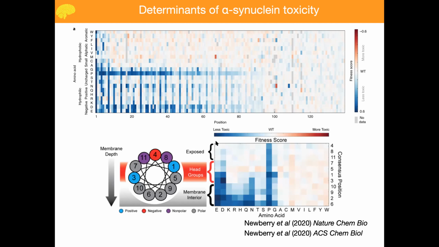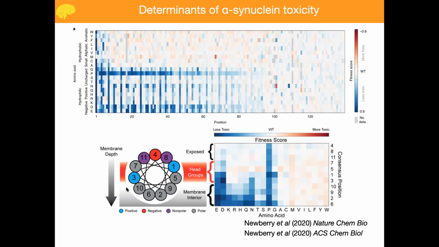And if we then map this to this model of the amphipathic alpha helix, you can see that this starts to make a lot of sense, because based on the periodicity, those residues that were very disruptive to toxicity were mutations to hydrophilic residues that would map to one side of the helix, and that would be then the membrane-facing side of the helix, versus disruptions on the other face that faces away from the membrane had less of an impact, except to mutations to proline, which is of course a classical helix breaker.